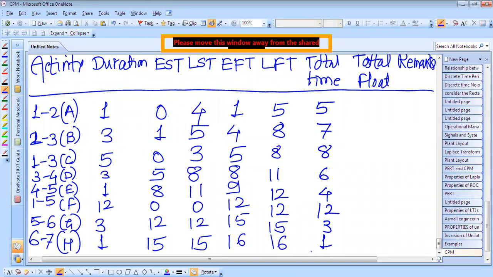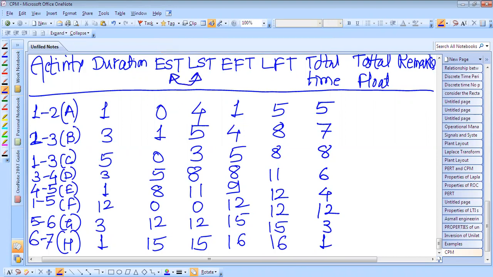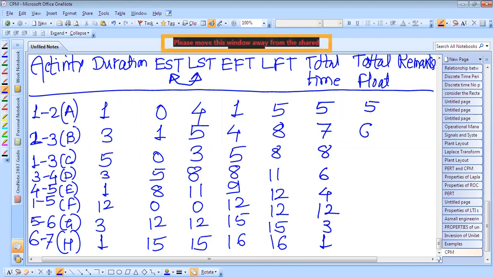And next, we have to calculate the total float. How can we calculate the total float? Just by taking the difference of LST minus EST. So this LST minus EST, we have to take just the difference of these two. LST minus EST, that will be the total float. So it is 5. LST minus EST, it is 6. Sorry, not like that.